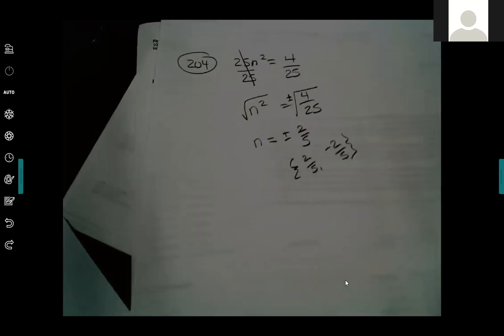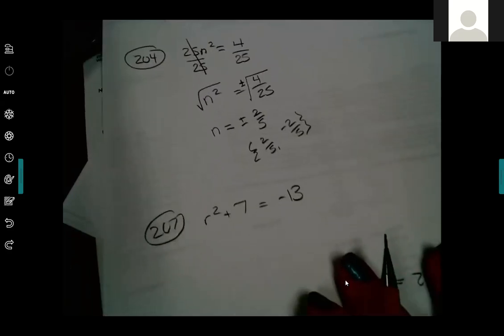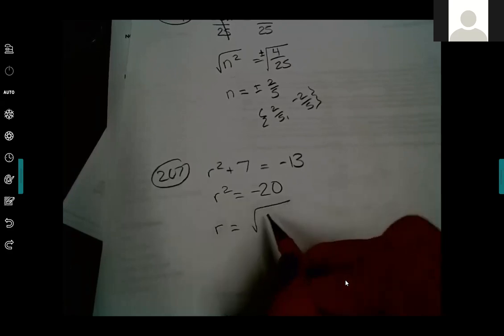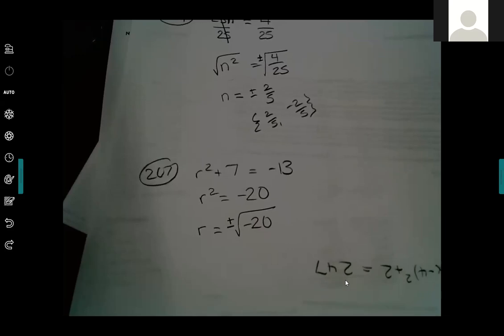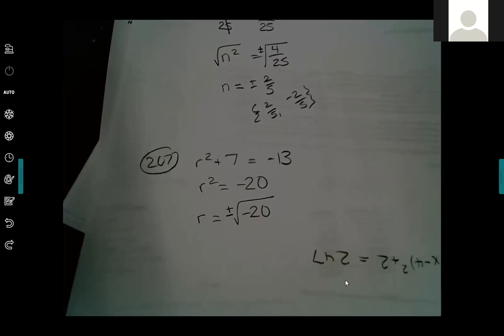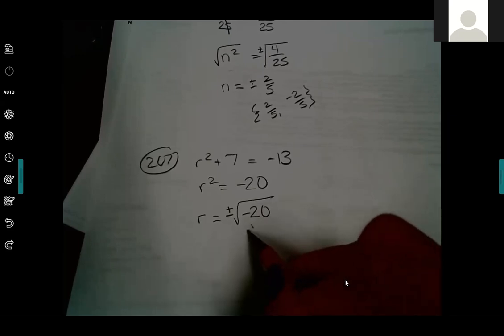So real quick, let's do 207. You would first get rid of the 7, so that'd be negative 20. Then you would square root both sides, so that would leave r equals positive or negative square root of negative 20.